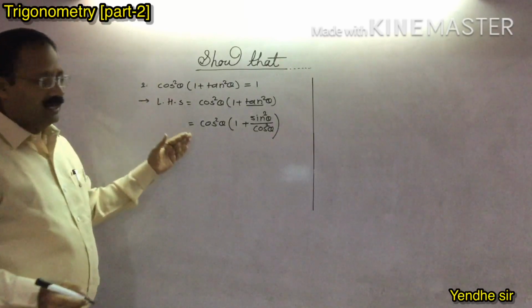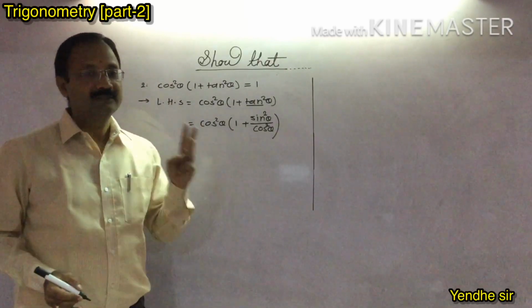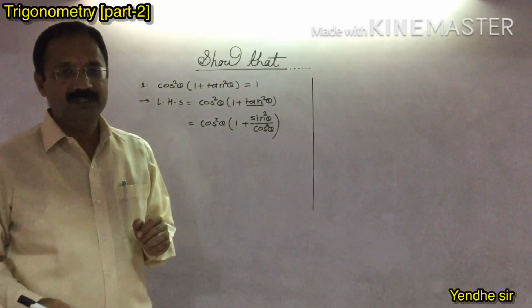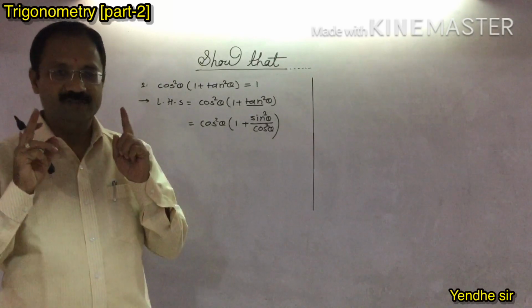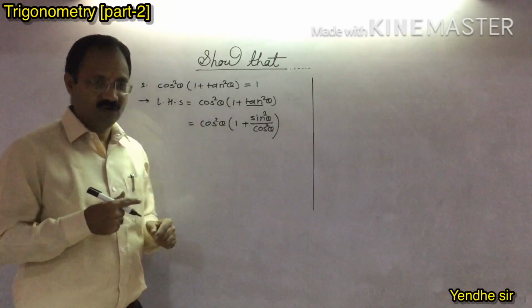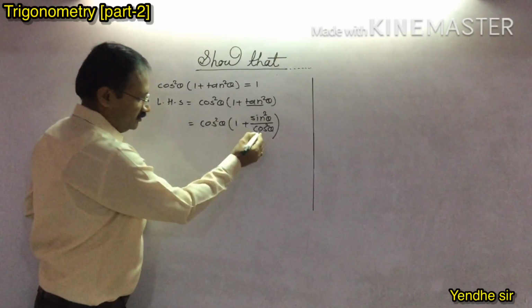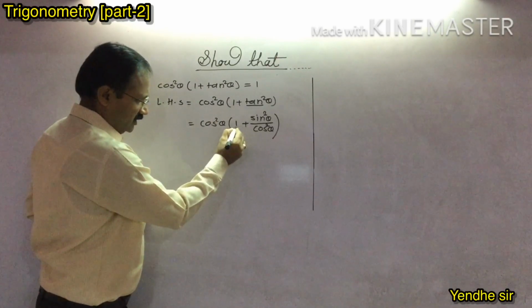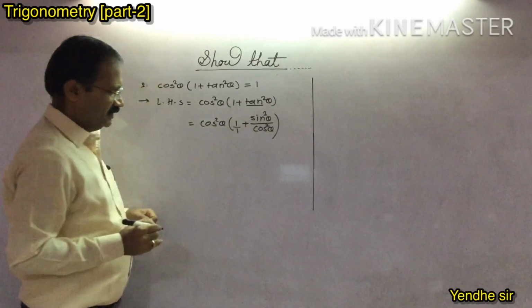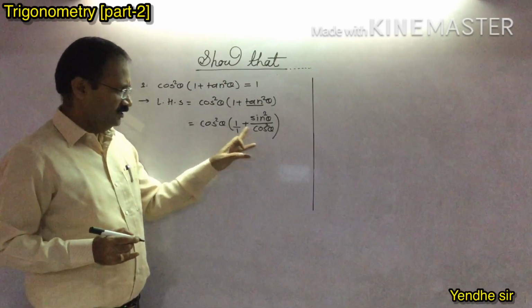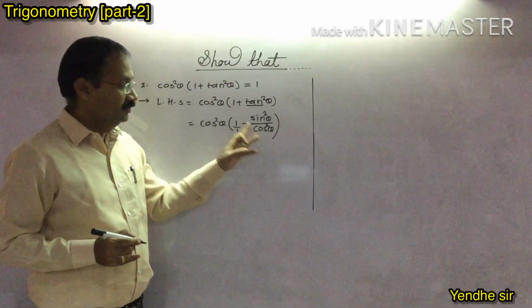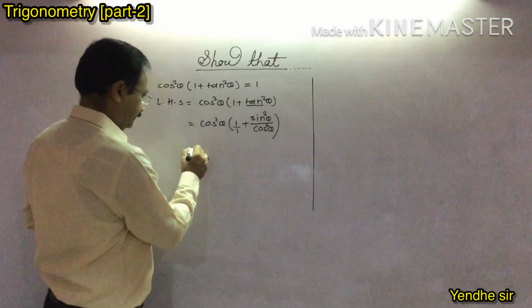Now, rule number 3. Which is the rule number 3? If the denominator is not the same, then you have to cross multiply. Yes. So you see here, it has a denominator 1. These denominators are not the same, so you have to cross multiply.